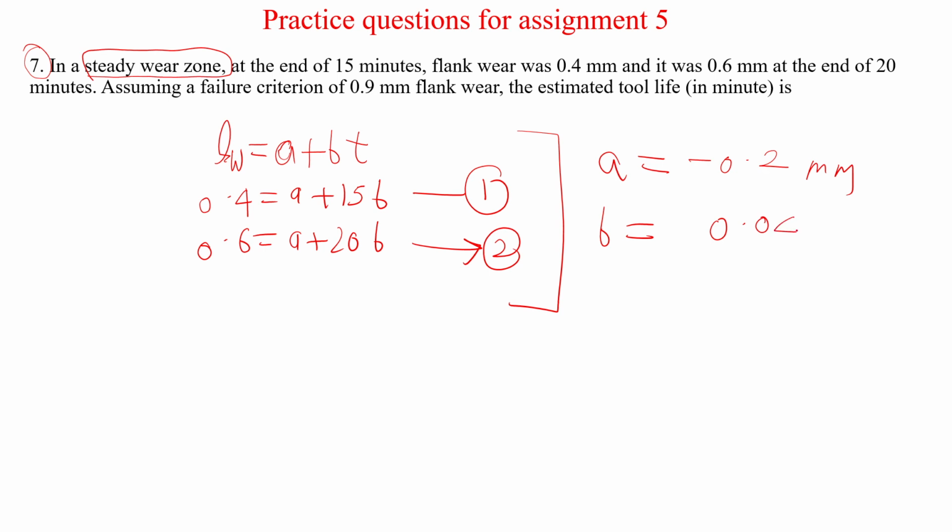Actually it is in mm per minute, because then only it will cancel out with time. Understood why I have written here mm per minute? Because you need to find L in mm. A is directly in mm, but B is multiplied with t. Then mm per minute into minute becomes mm.